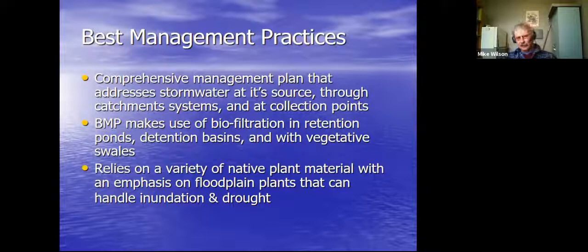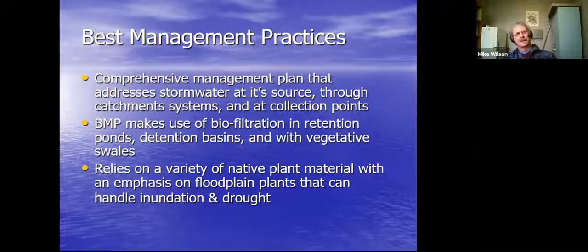So what can we do to address this? When they were developing phase 2 of the stormwater regulations in the 90s, they also developed a term known as best management practices, which got picked up by quite a few other organizations and has become a popular term for several years.